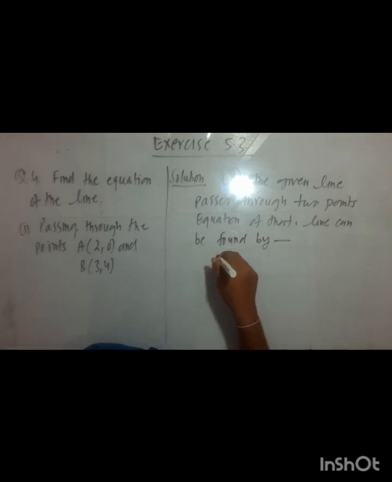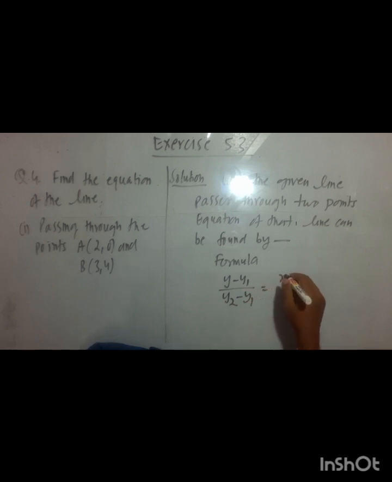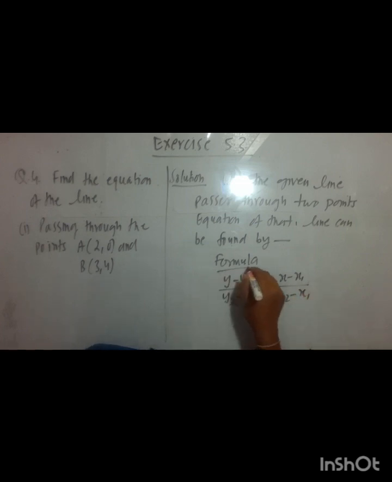Which formula? We will be using: (y minus y1) upon (y2 minus y1) is equal to (x minus x1) upon (x2 minus x1). So this formula we will be using.